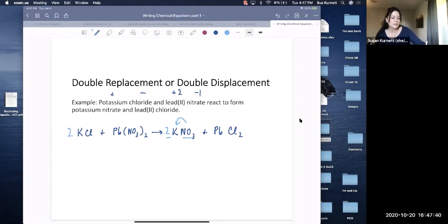Once I put a 2 in front of potassium chloride, I look at the partner for potassium, which is chloride. Go to the other side of the arrow, that's a 2. And then go to its partner, lead 2, go to the other side of the arrow, and there's 1 of each. I go to its partner, nitrate. And once I get back to where I started by putting a coefficient for nitrate, I ended with the same number of nitrates. Once I've closed the circle, I'm done.